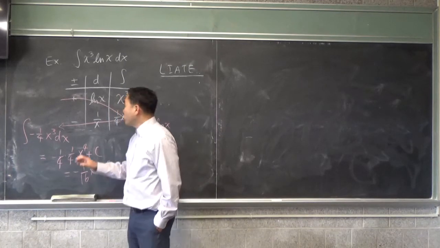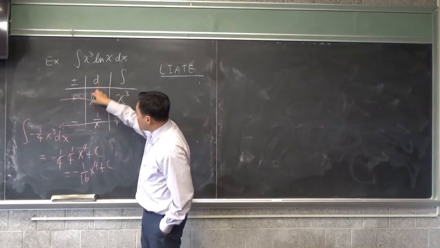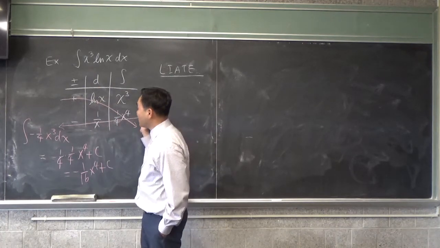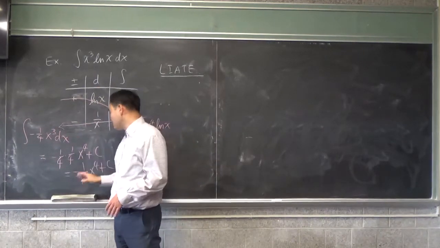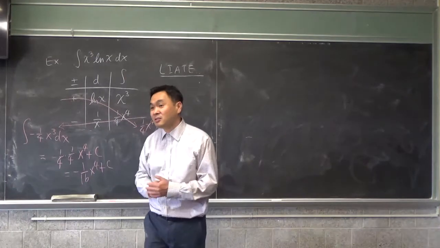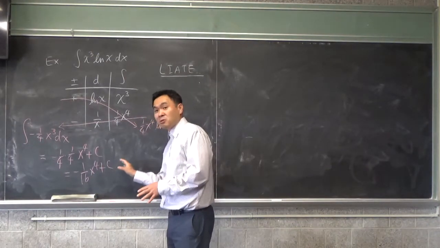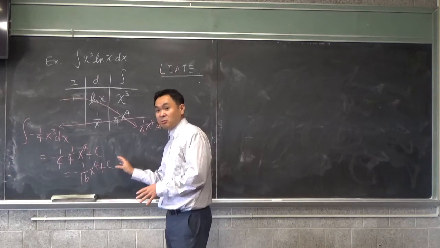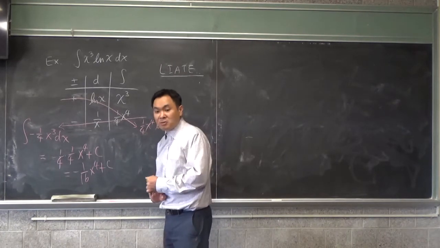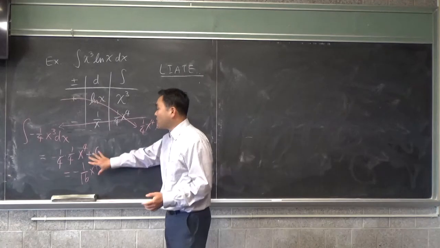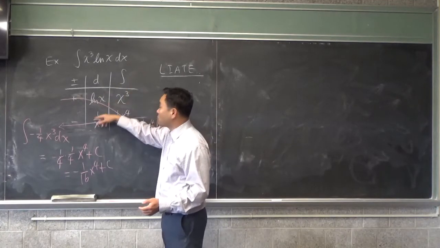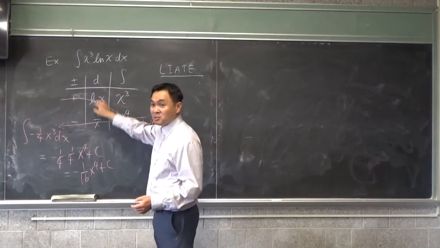So when you only have polynomials here, then this last line really doesn't do anything other than create the plus c. But in these other cases, it does play an important role, and you should never forget to use it. That's why I've seen some textbooks where they don't talk about this at all and only allow tabular for the case when you have a polynomial on the D side.